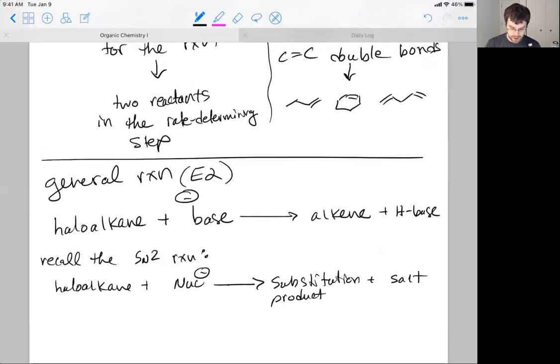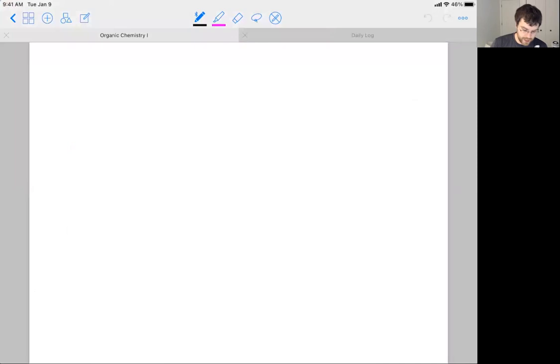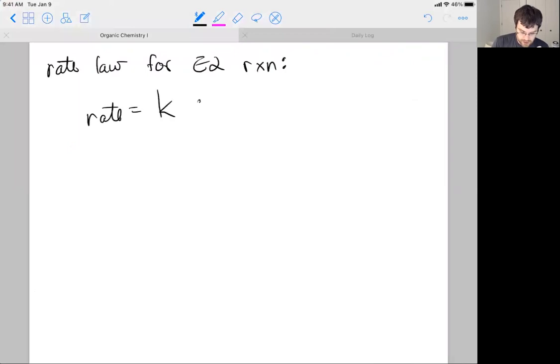Now, I want to go right into the rate law for the E2 reaction. If you remember what a rate law is, it's rate equals some rate constant times the concentration of reactants in the rate determining step.